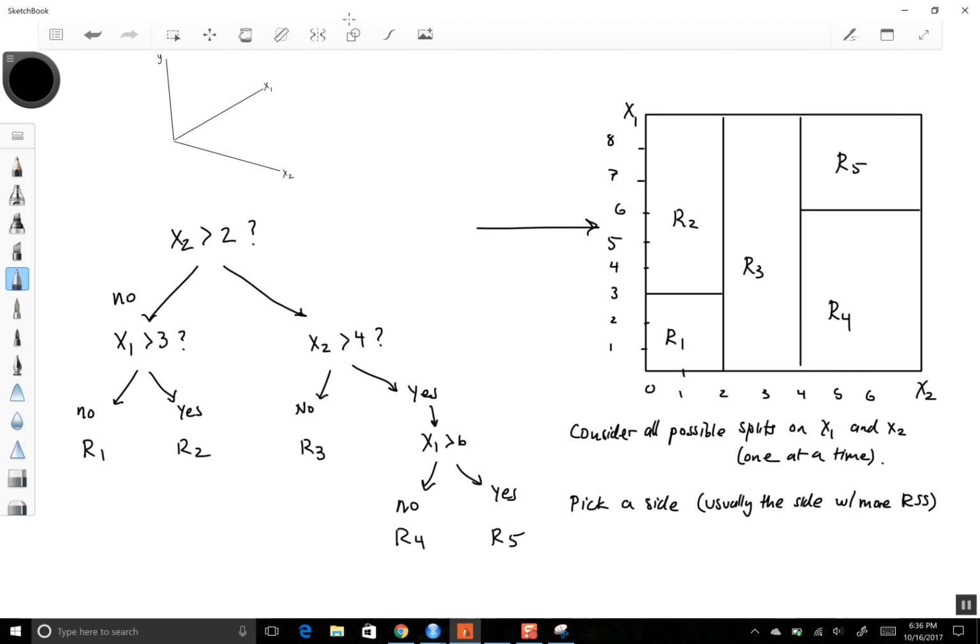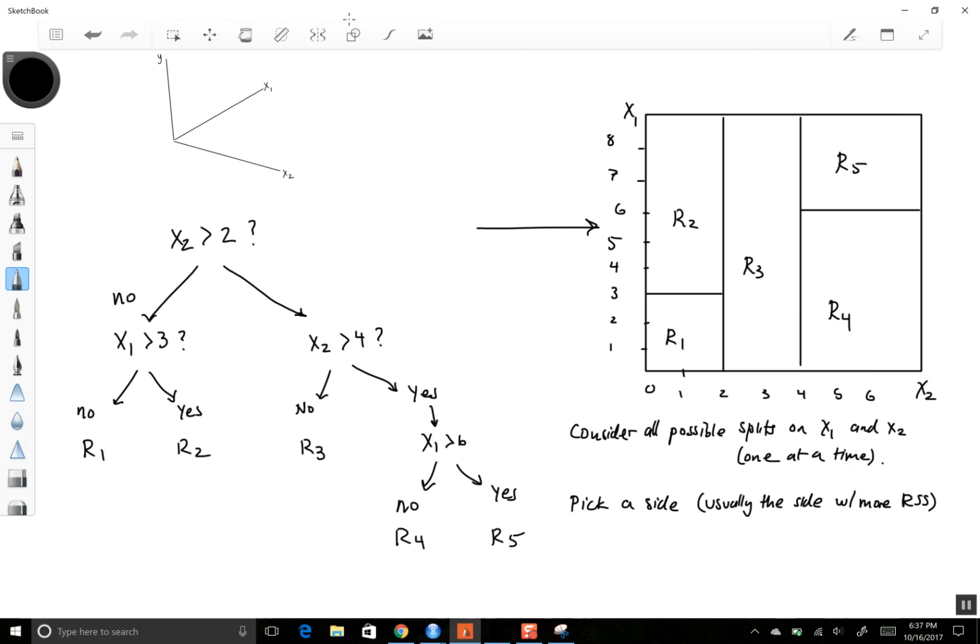But is this okay? The idea of creating a tree using the RSS, residual sum of squares, as our deciding factor on where to put a partition. Okay, and so when we make a regression tree, we keep making splits until we reach some kind of stopping criterion.